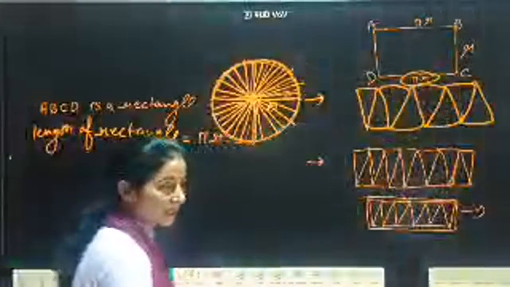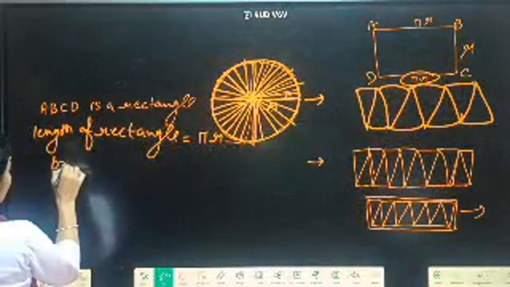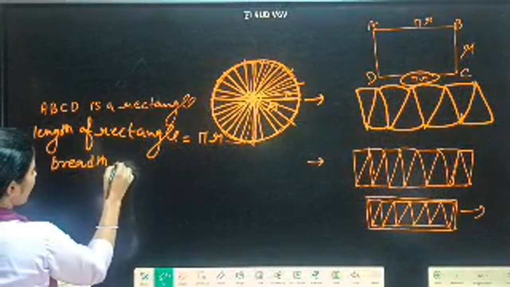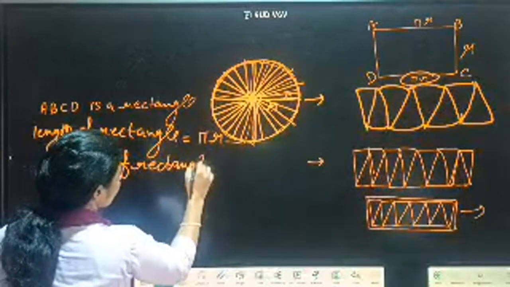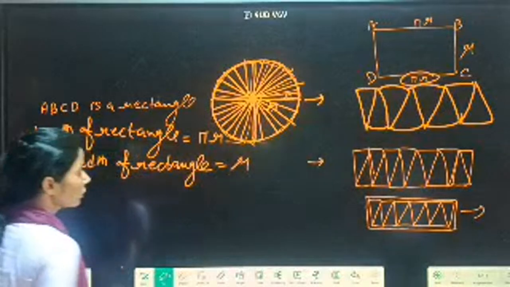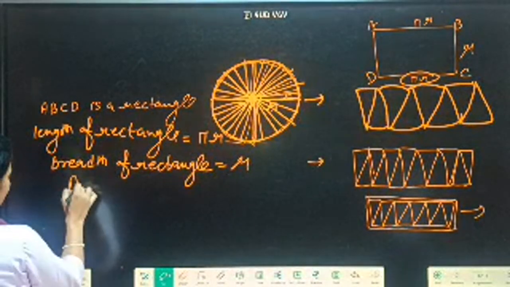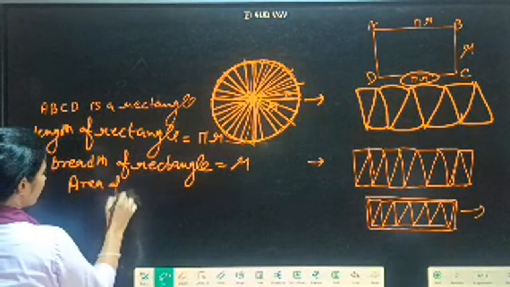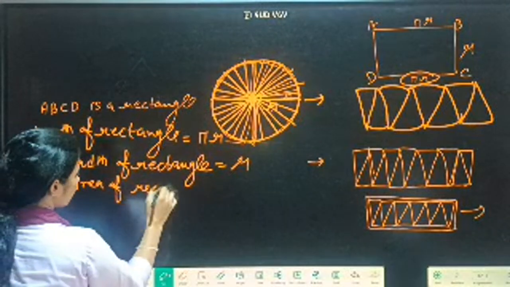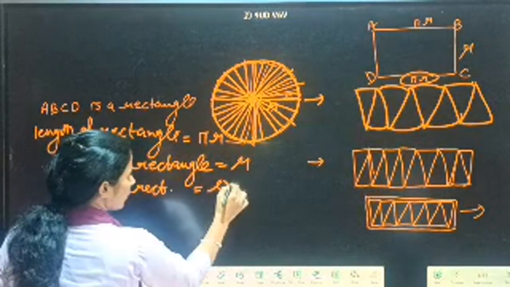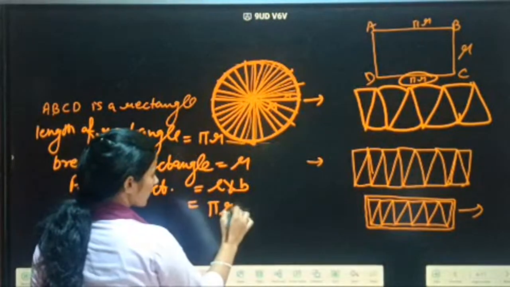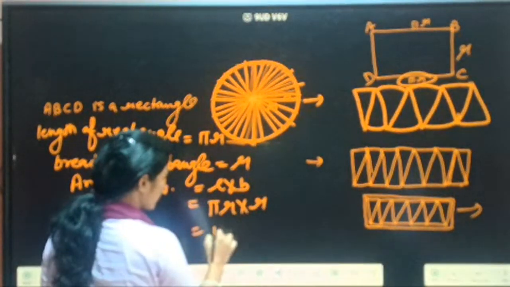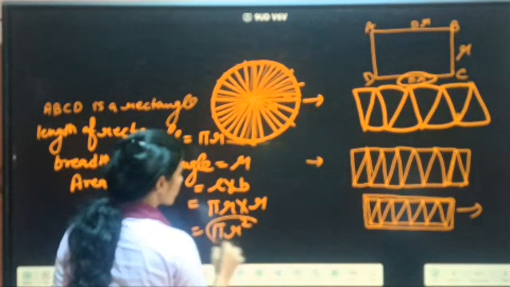Length of rectangle is pi r. And what is the breadth of this rectangle? R. Breadth of rectangle is r. So what will be the area? Area of rectangle, L into B, that is pi r into r. Answer is pi r square.